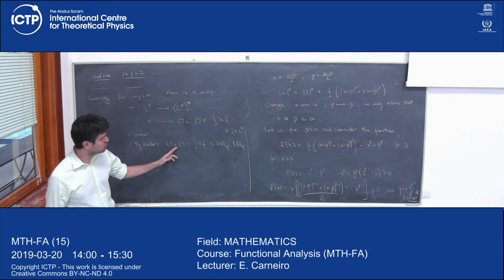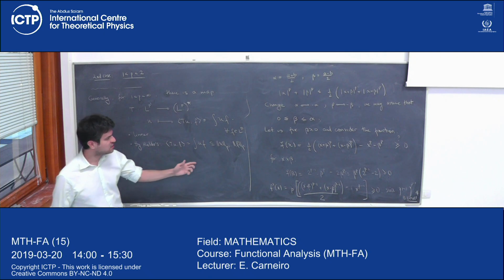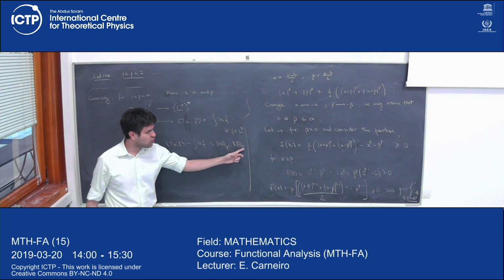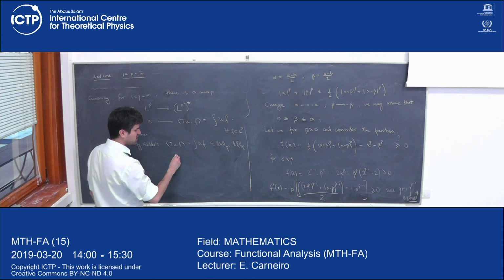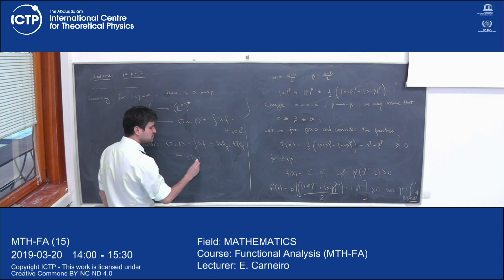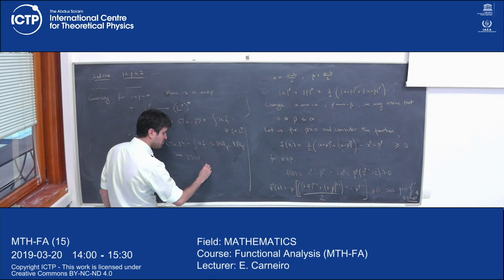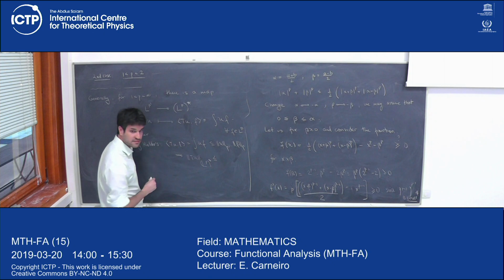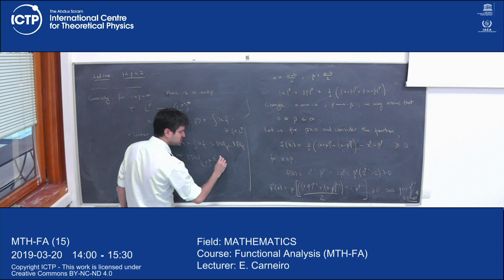So if Tu acting on any function f loses to a certain number times the norm of f, this means that the norm of T of u as an operator, as a guy in LP dual, has to be less than or equal than this quantity here.